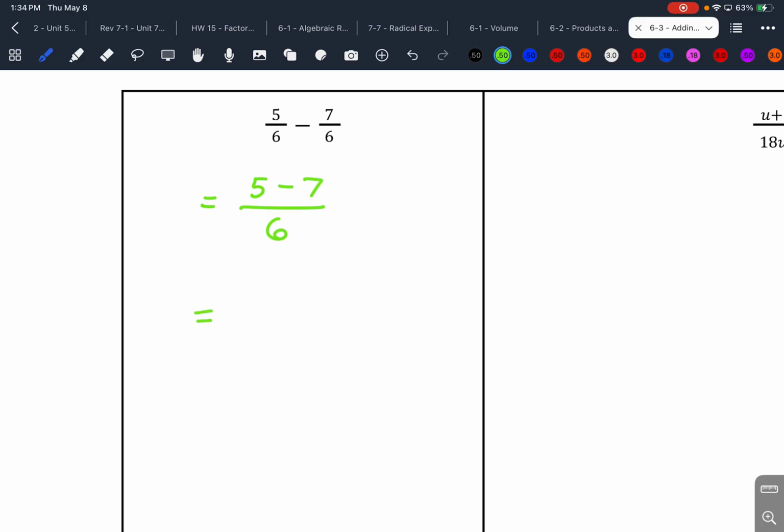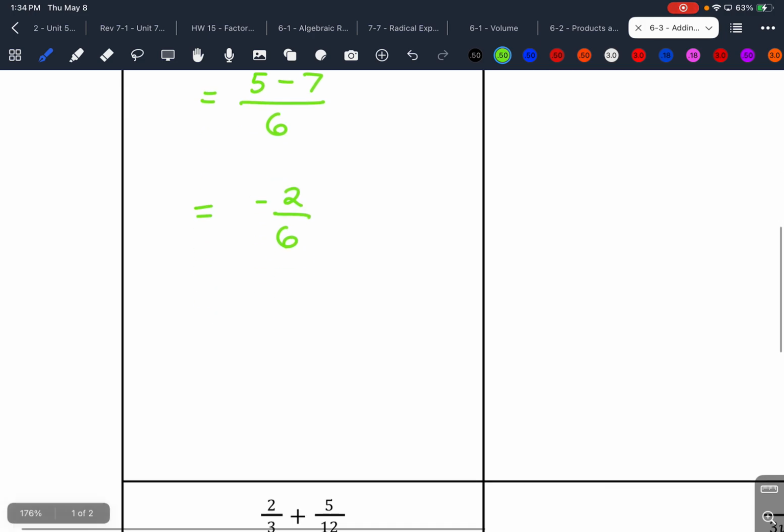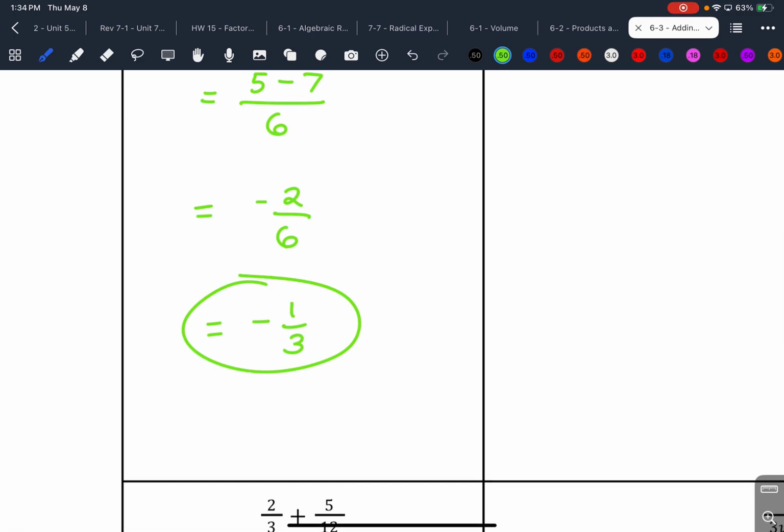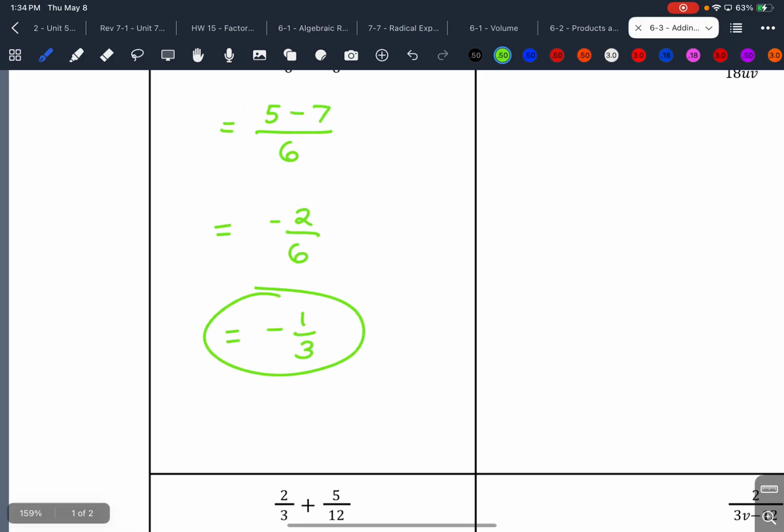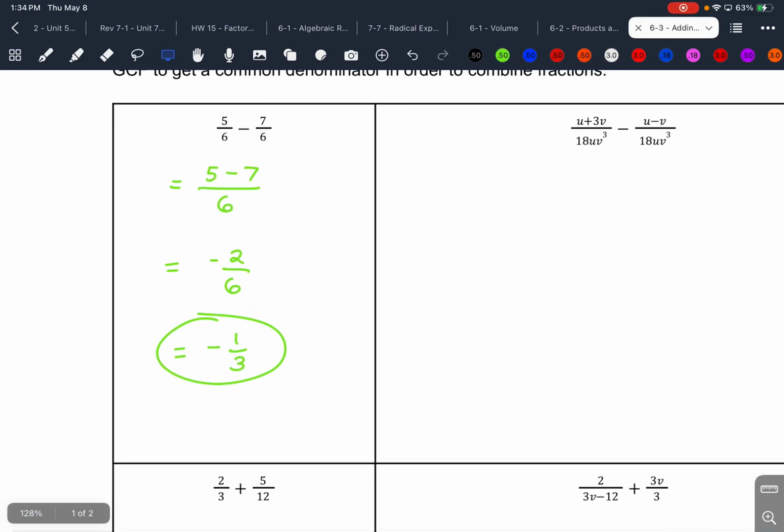And so this becomes -2/6, which of course reduces to -1/3. So this is what happens when you have a common denominator: we make one big fraction with that denominator, and you take these numerators and you subtract them, right? So exactly the same thing happens here.